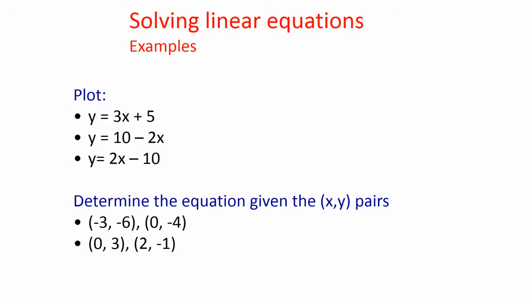This kind of thing is useful because it's nice once you've figured out what these equations are. If you have two equations, it's sometimes physically useful to know when they cross.